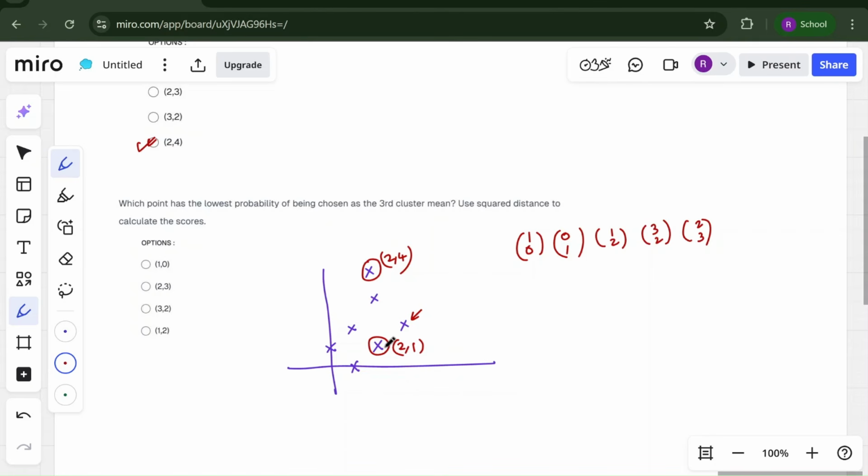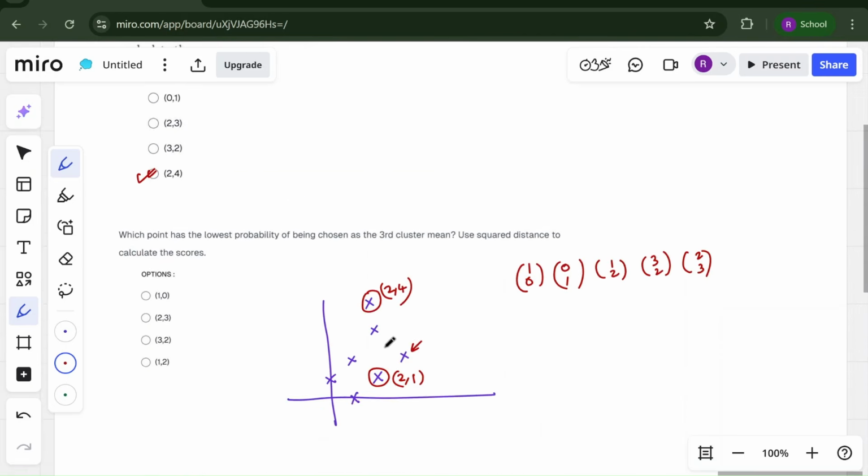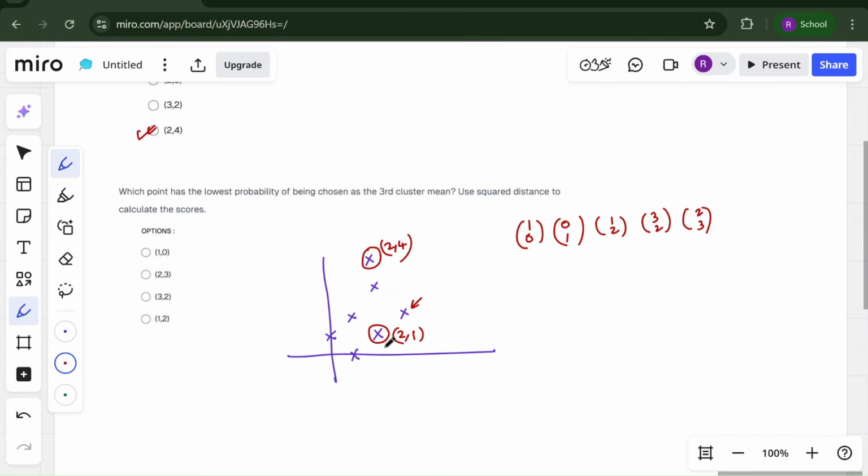Okay, so I think these are the data points 2, 3, 3, 2, 1. Pardon?